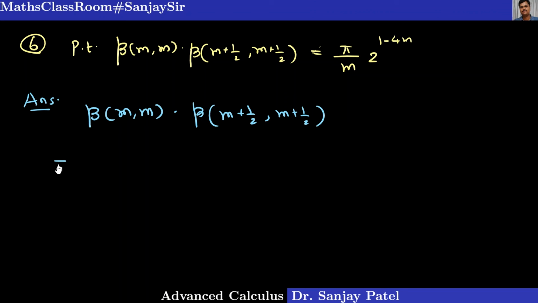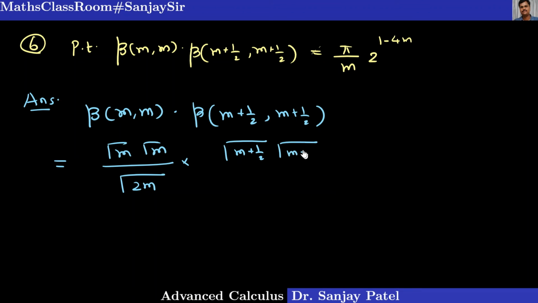We can use the relation between beta and gamma function and write it as gamma m upon gamma m plus m, that is gamma 2m, into gamma of m plus 1 by 2 gamma of m plus 1 by 2 upon gamma of m plus 1 by 2 plus m plus 1 by 2. So it is gamma of 2m plus 1. Sum of these two is 2m plus 1.